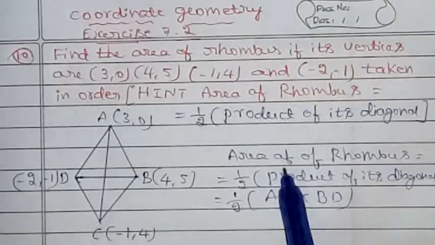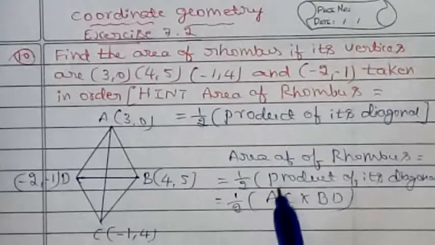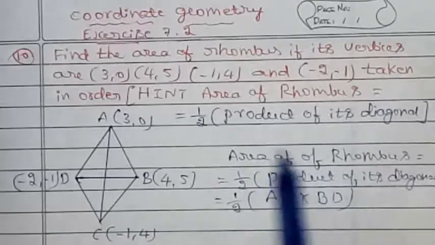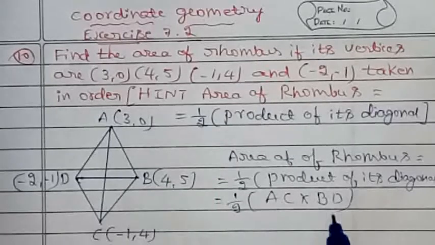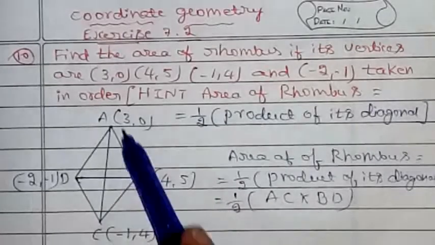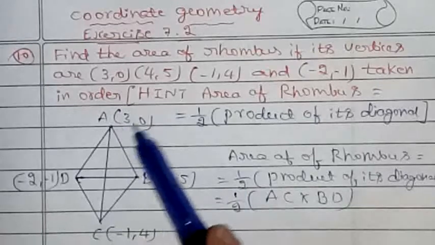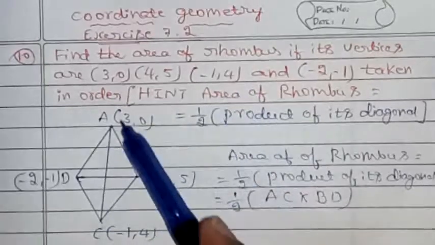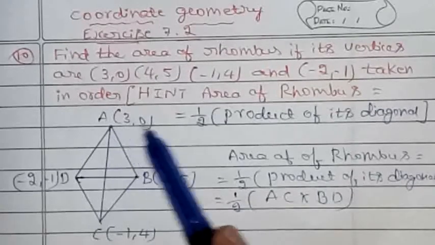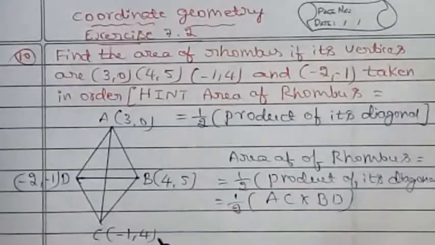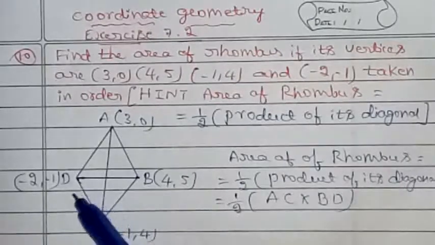of a rhombus, right? So if you want to find the area of the rhombus, whatever they have asked in the question, you need the value of AC and the value of BD here. Now in the question they have given the vertices, right? The vertices are A (3, 0), B (4, 5), C (-1, 4) and D (-2, -1).